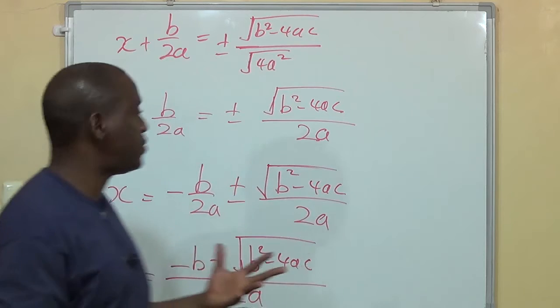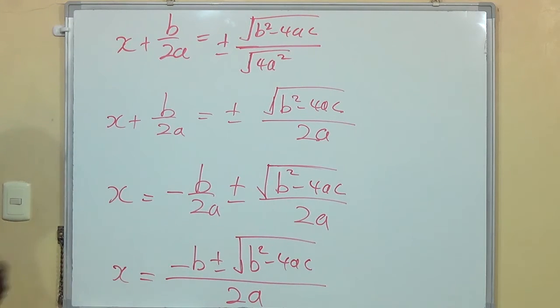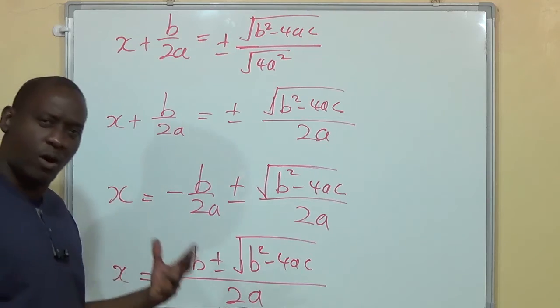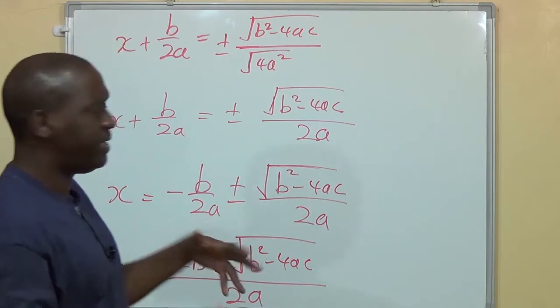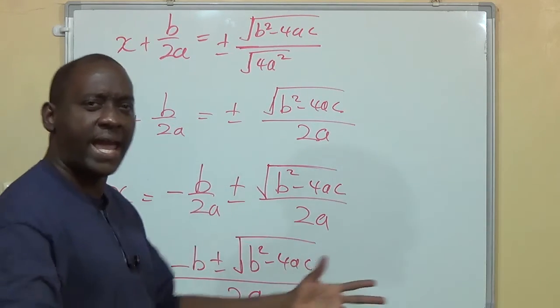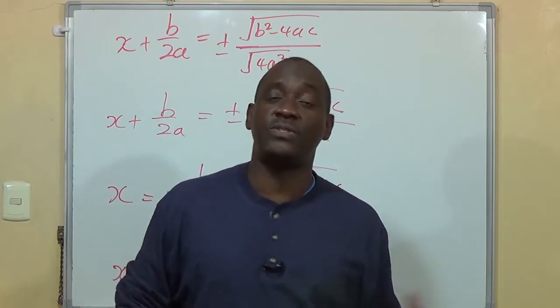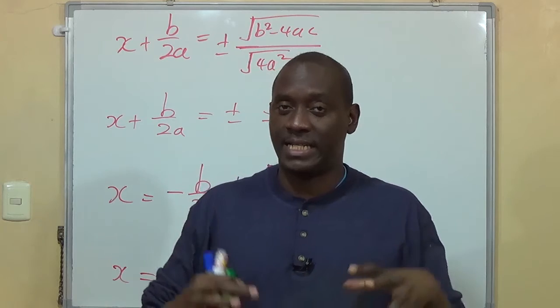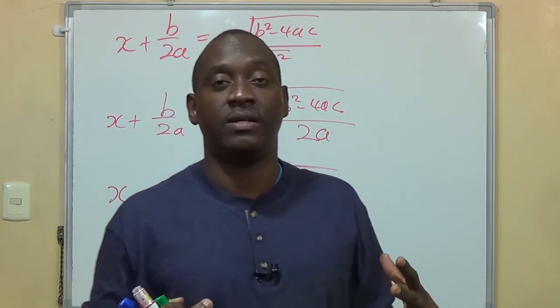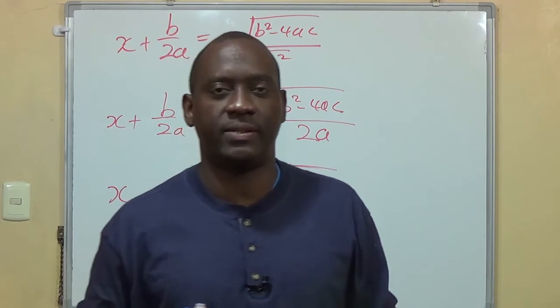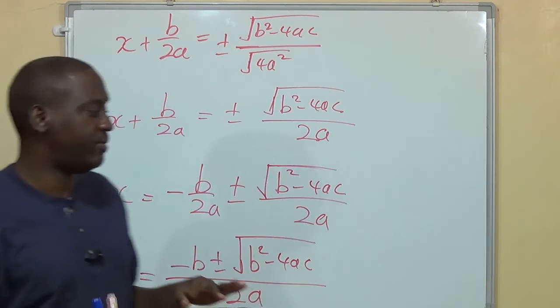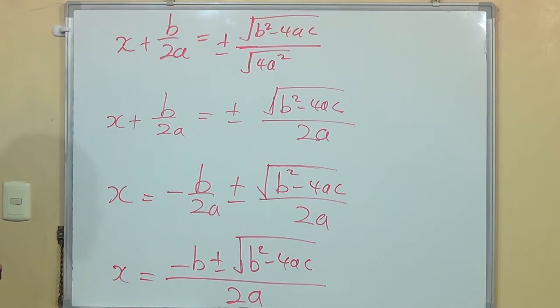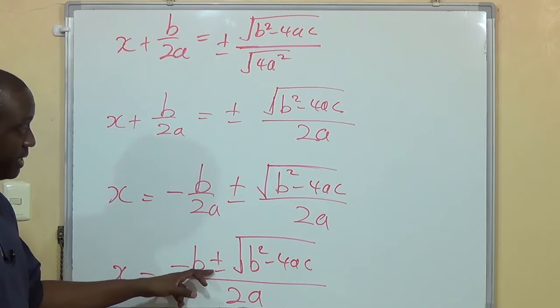So we have shown that we can use the completion of the square, what I like to call the long method, where we divide by the coefficient of x squared, and so on. We use that method to get a general solution for the quadratic equation ax squared plus bx plus c is equal to 0. And remember, we spoke about having two solutions. Well, you have the plus or minus here.